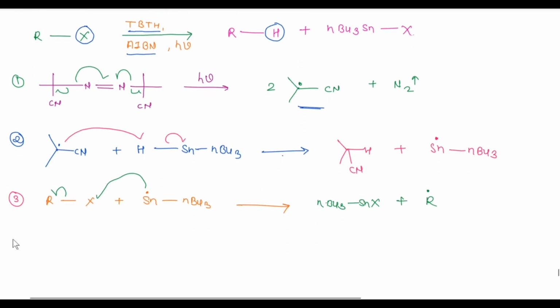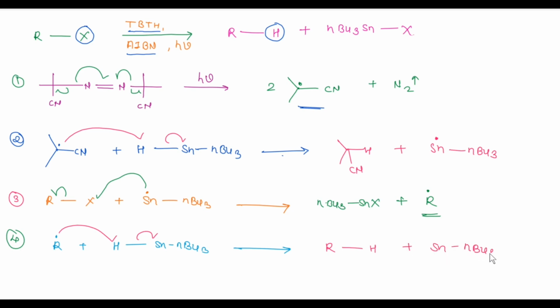In the next step, this R radical abstracts hydrogen radical and formation of alkane takes place with tributyl tin radical.